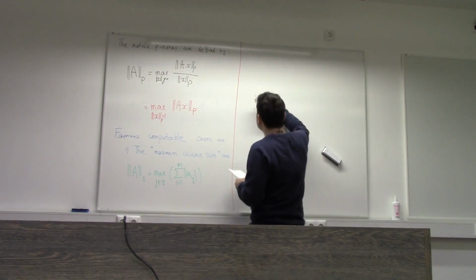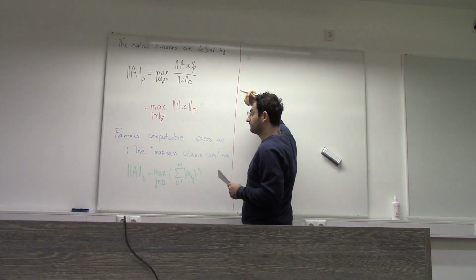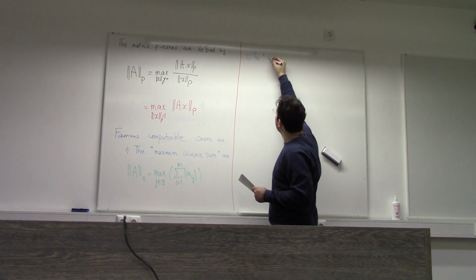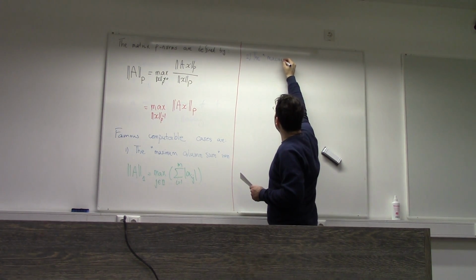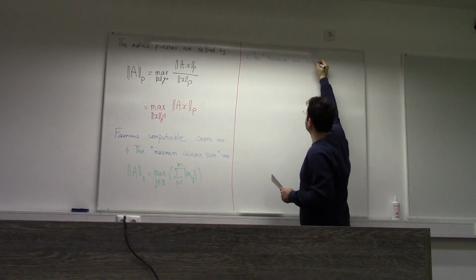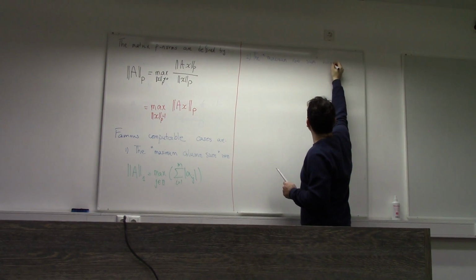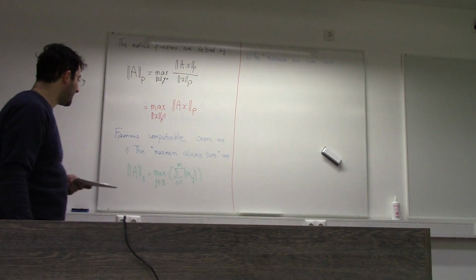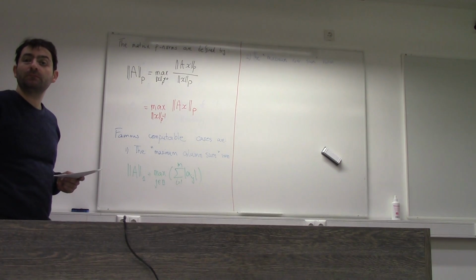The second one is the maximum row sum norm, and it is nothing but which norm?